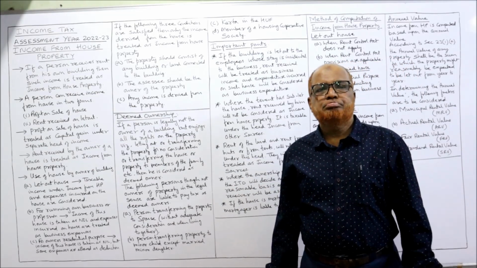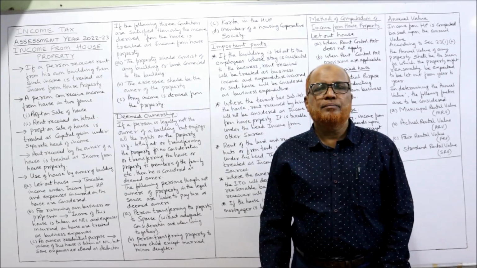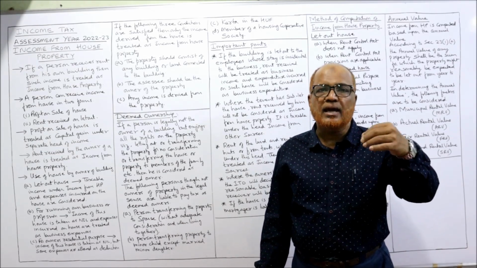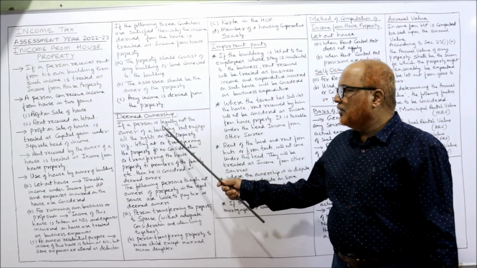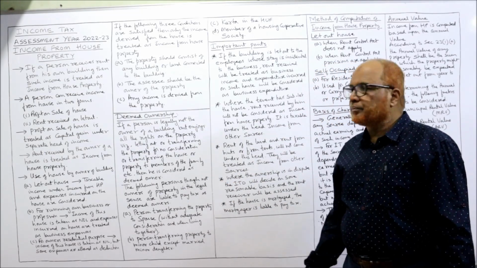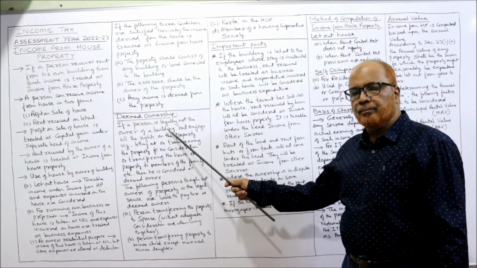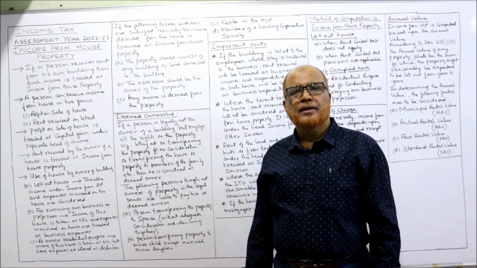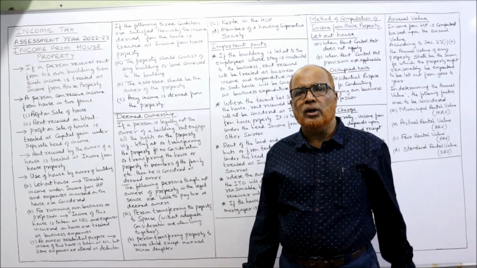Deemed ownership. Actually, the meaning of the term deemed is just like, not real, but just like ownership. So, if a person is legally not the owner of a building, but enjoys all the rights on the property, sometimes legally a person is not the owner.